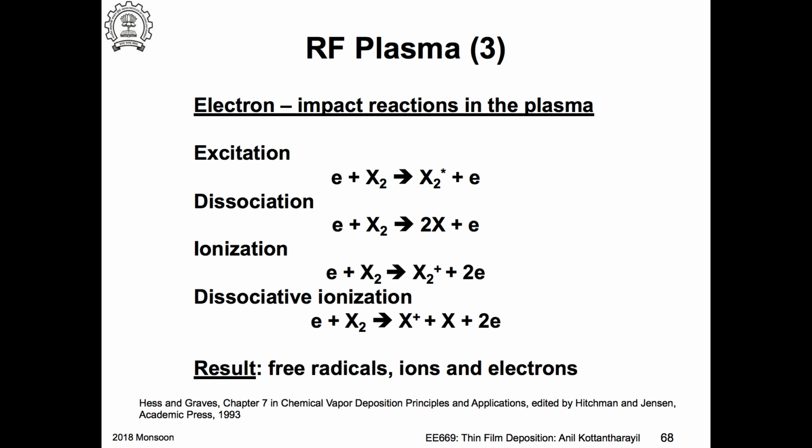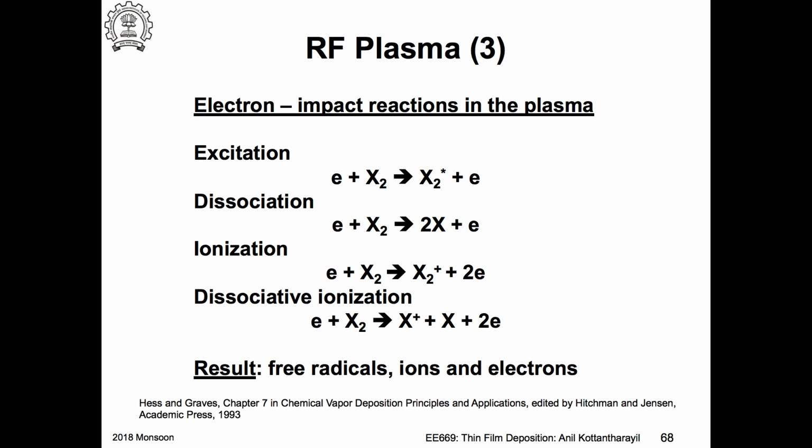There are some electrons even in this gas. If I take the whole thing, it is neutral, but there will be a little bit of ionized atoms, molecules, and electrons, in very small amounts.